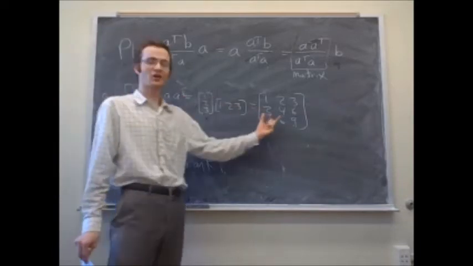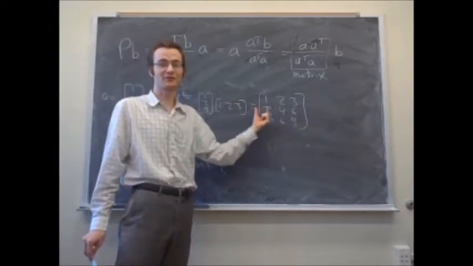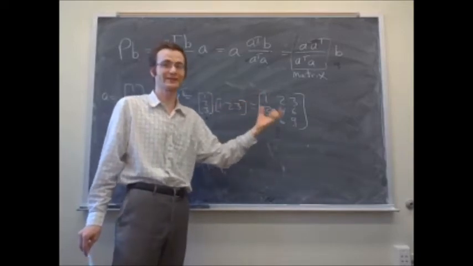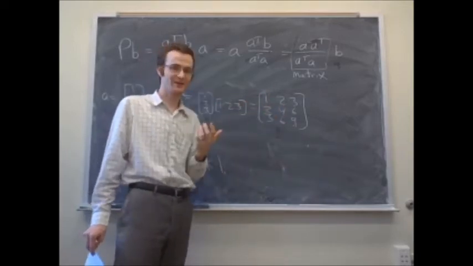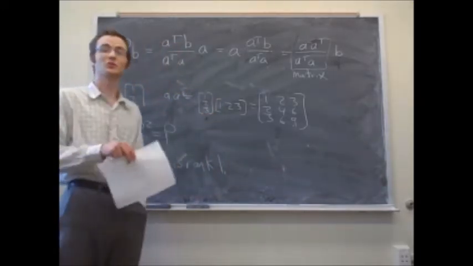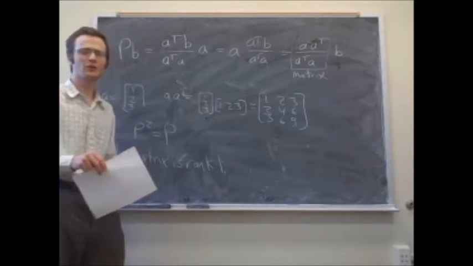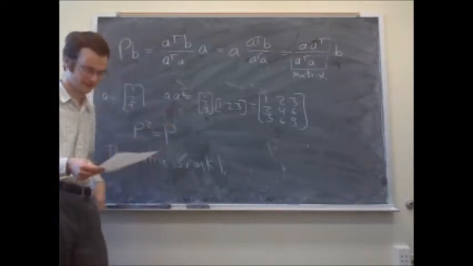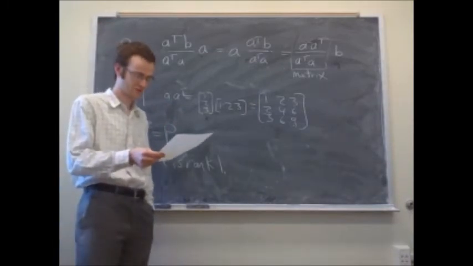Which means that each of the columns is just a multiple of the first one. And because they're just a multiple, there's only one linearly independent column, which means that it's rank 1. So projection matrices onto a line are rank 1. In general, projection onto a 3-dimensional space would be rank 3, but we're only talking about dimension 1 right now.